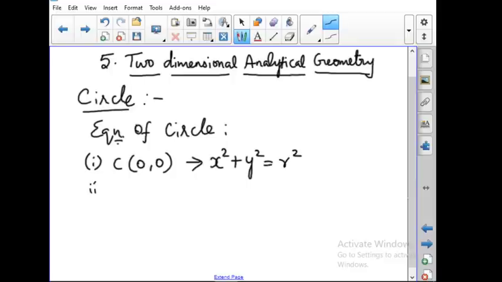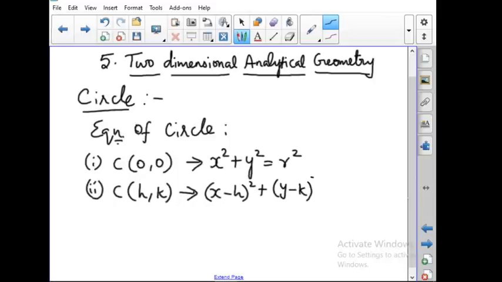Next, the second one, when the center is (h, k): the equation of circle is (x minus h) the whole square plus (y minus k) the whole square is equal to r square.